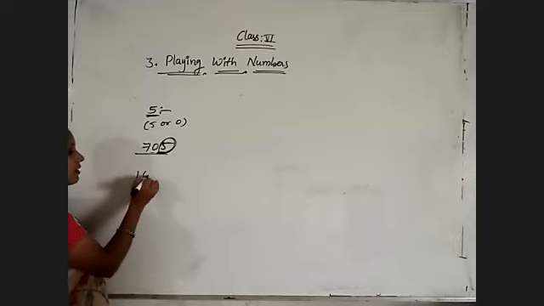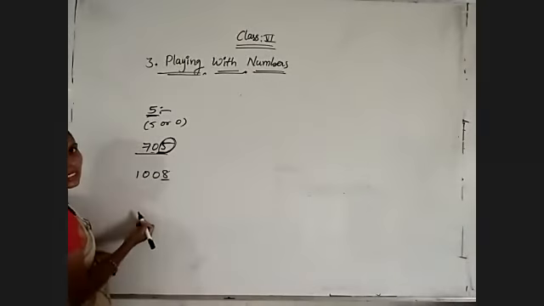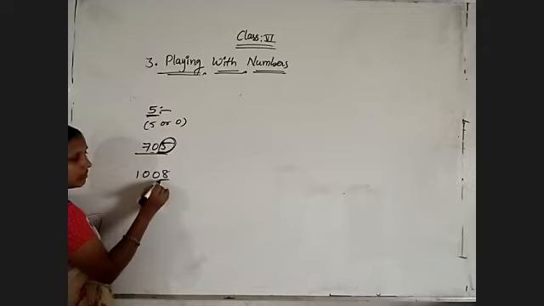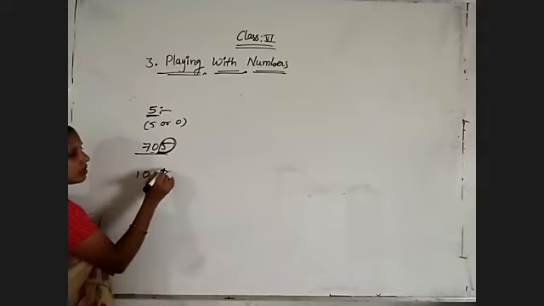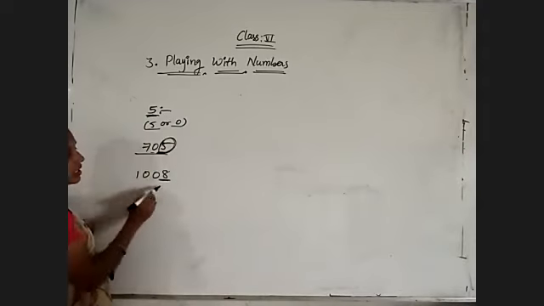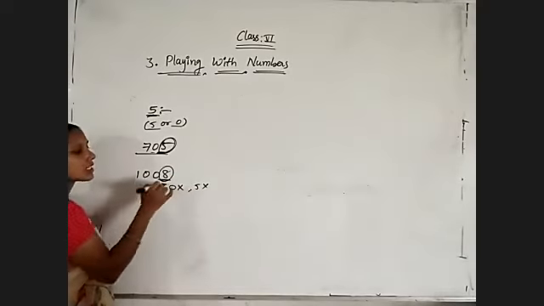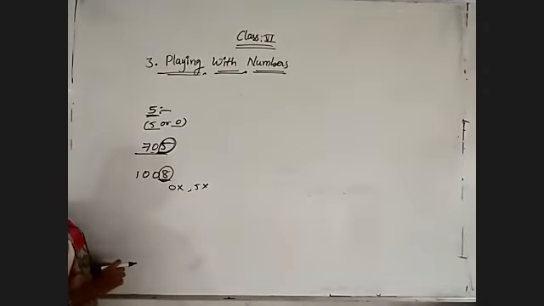And suppose I have 1008. Now what is the unit digit? 8. What is the divisibility rule for 5? 0 or 5 we must get. Here 0 is not there and 5 is also not there. That means it is not divisible by 5. Okay.